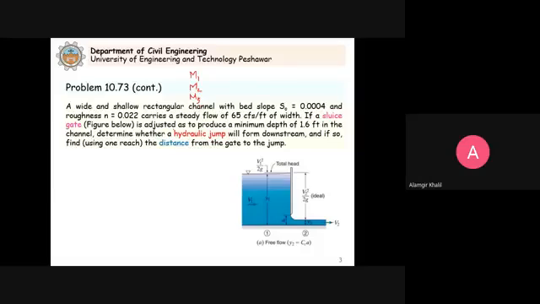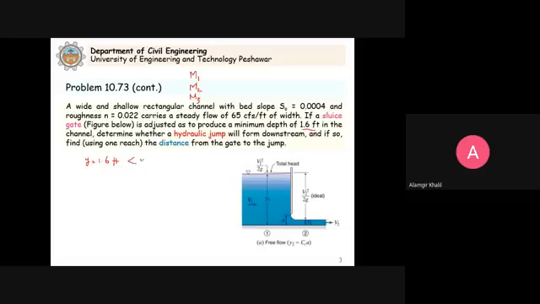So now we are given Y, which is the depth produced because of the operation of the gate. Clear? What is the depth that is produced? That is 1.6 feet. Now this depth is less than yc.